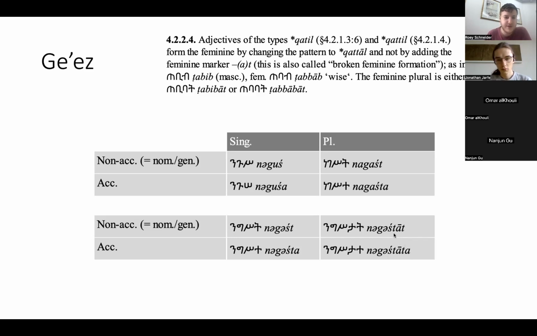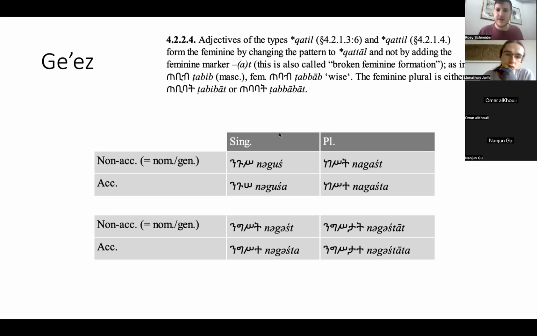The fact that we can see two feminine markers in the feminine plural is interesting and quite different from most Semitic languages. And the fact that the feminine plural can receive an accusative suffix is also interesting and different from other Semitic languages, namely Akkadian and Arabic. But that's the way it is.